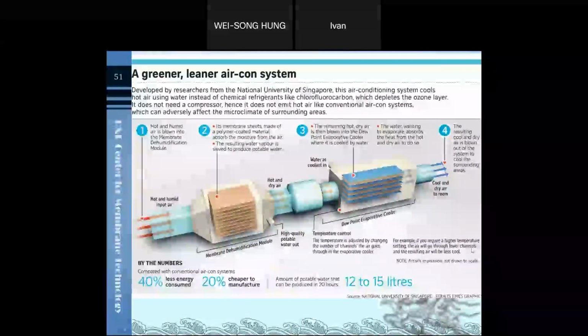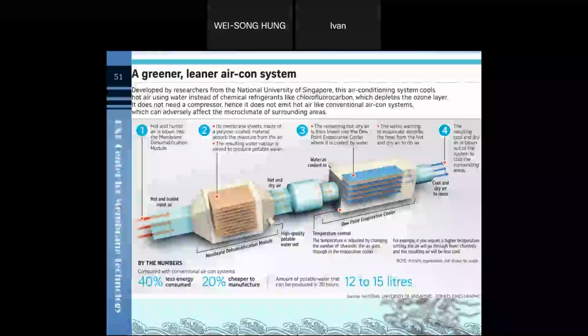So here is Professor Tsai from the National University of Singapore, mechanical engineering department. He pointed out that membrane dehumidification can reduce energy consumption by 40% compared with a commercial compressor.